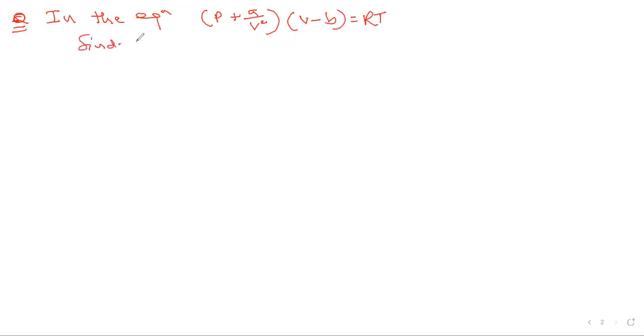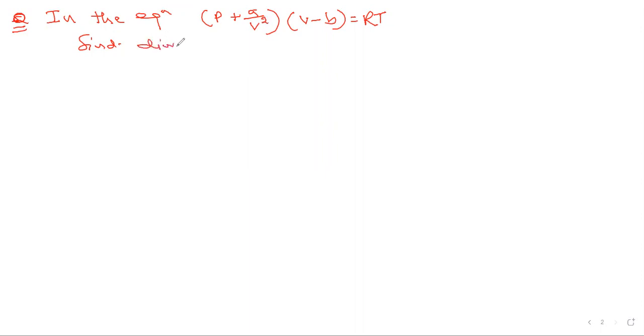Now the next question is: in the equation P plus A upon V square, times V minus B, equal to RT. This is V square.